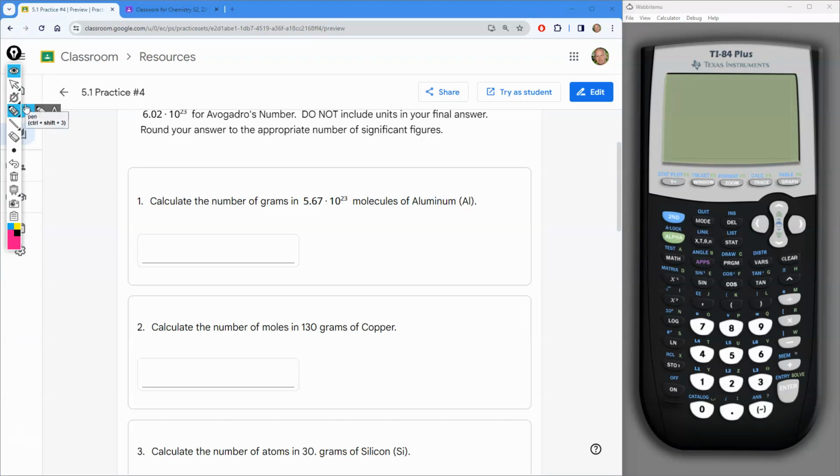So we always start with our given. So we have 5.67 times 10 to the 23rd molecules of aluminum. And we're going to need 2 steps here.